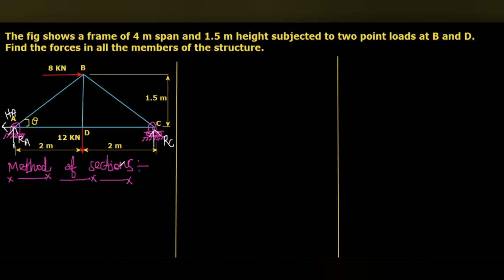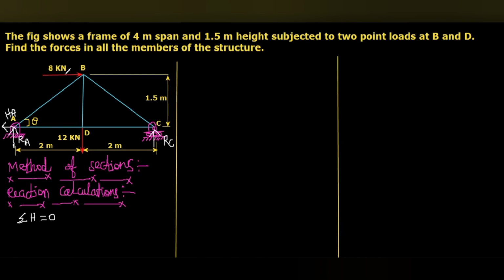We will consider the section line, then we will calculate moment about the points, then we will find the forces in the member. First thing, reaction calculations. In reaction calculations, generally, we will use all the three principles of equilibrium. Mostly summation of vertical equals 0, summation of moment equals 0. But here there is a horizontal force also. So we have to use algebraic sum of the horizontal forces equal to 0. That also we have to consider.